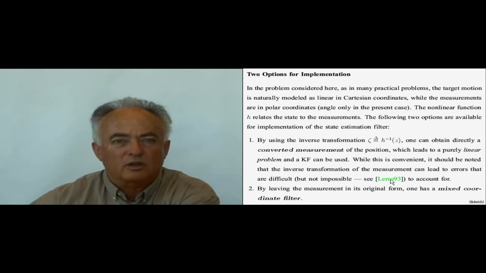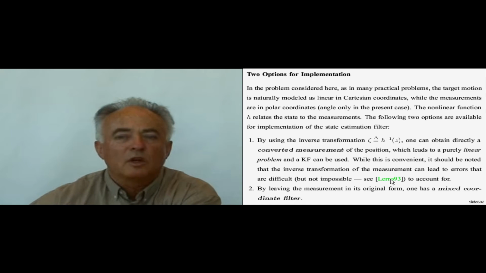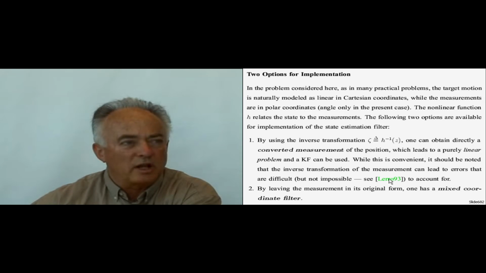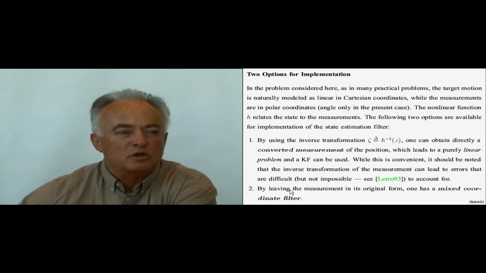If you have a range and angle, we have some exact equations that allow us to evaluate what happens when you transform those measurements from polar to Cartesian. But when you have an incomplete position measurement, like angle only in this case, it's more difficult. So that's one option. The second option is to leave the measurements in the original form and use a mixed coordinate filter.